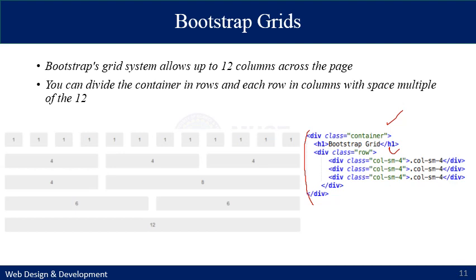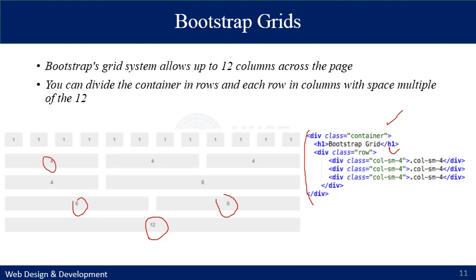So if you use one grid, you can use the column value of 12, and your grid will be spread across the page. And if you want to use the two column format, you can embed it with 6 and 6, or you can do it with 8 and 4. You can also embed it with 9 and 3, 10 and 2, 11 and 1. So every combination is possible.